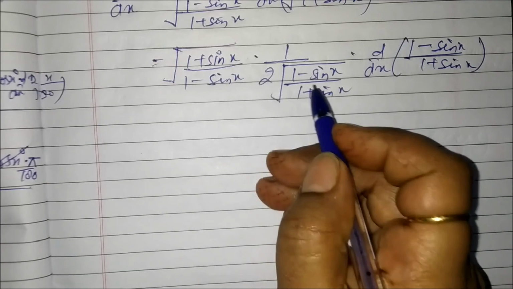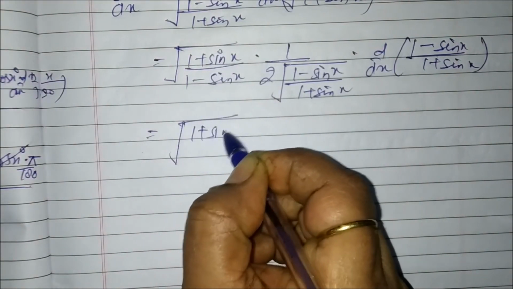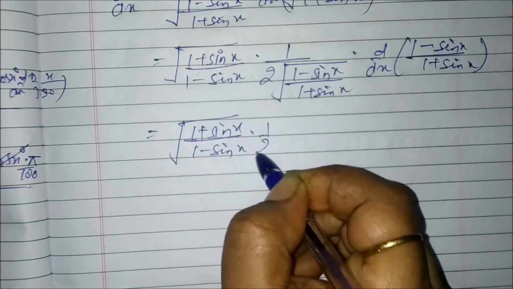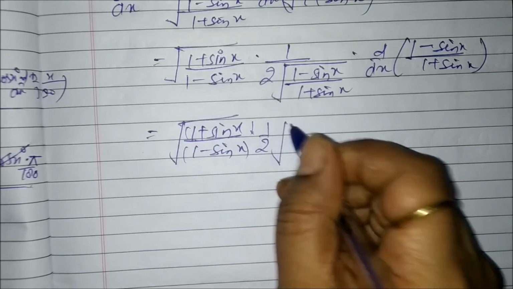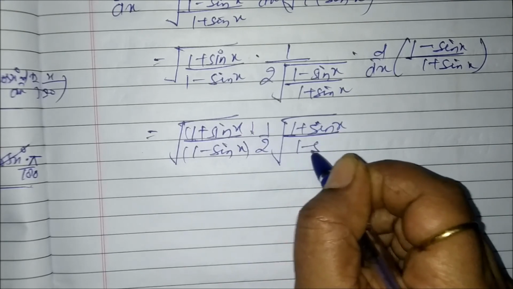Now again taking the reciprocal, we get (1 plus sin x) upon (1 minus sin x) into 1 by 2 root of (1 plus sin x) upon (1 minus sin x).